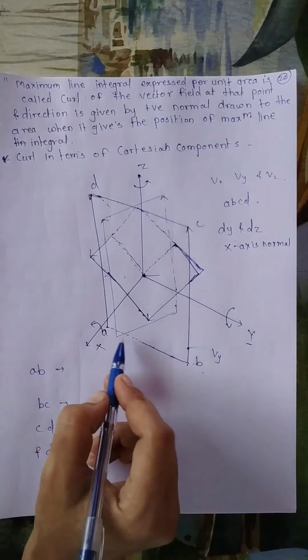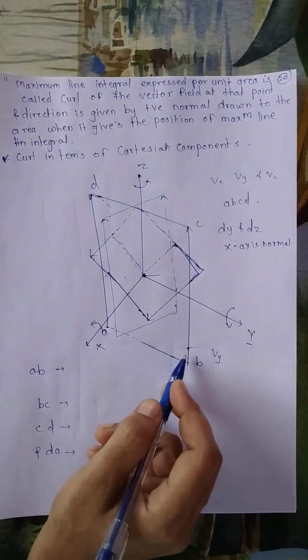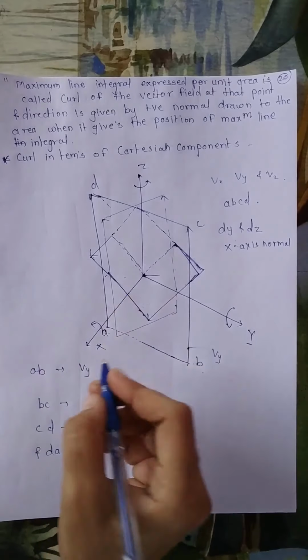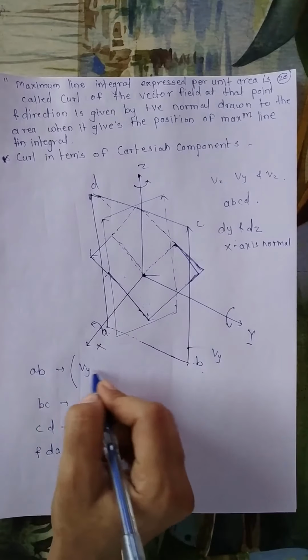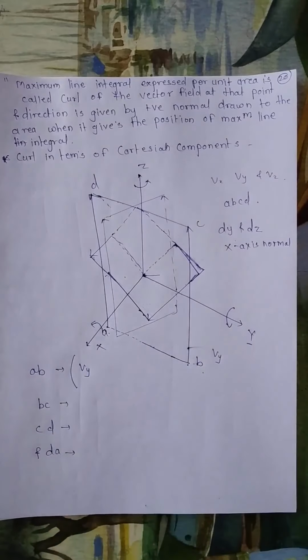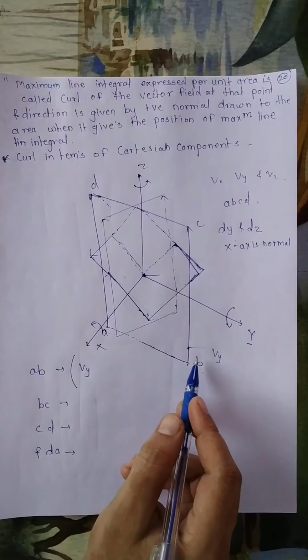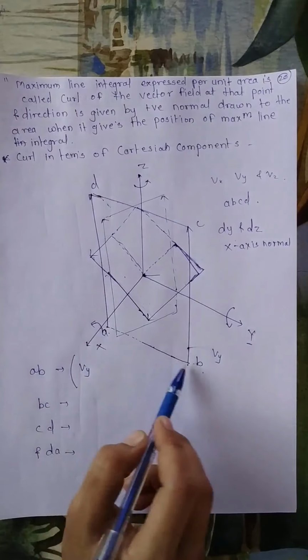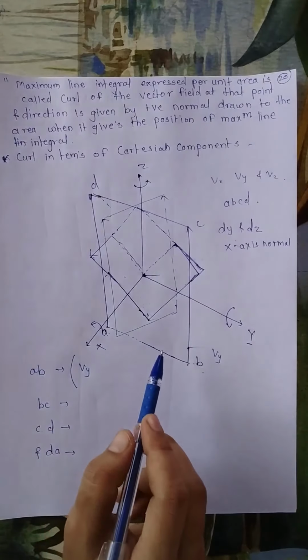So for AB, the mean value will be Vy, as in the previous lecture. In the previous lecture, we calculated the rate of flow and the magnitude of the y component of V bar at the center of the face.